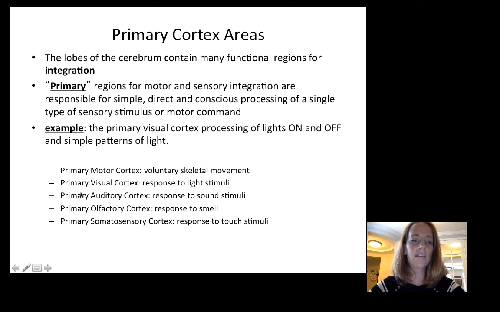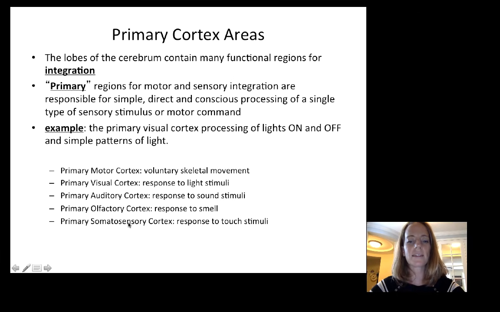And then you will see other names for cortical areas within the cerebrum. So we have the primary auditory cortex that will respond to simple sounds, so different pitches of different tones of sounds coming in through the ears. The primary olfactory cortex is going to respond simply to smell.